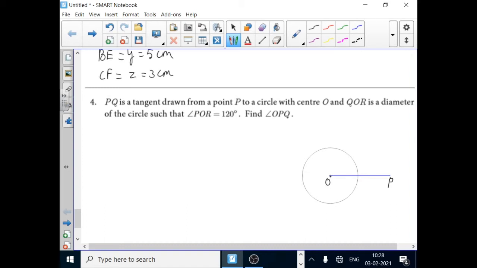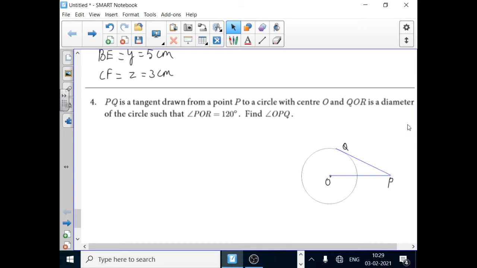OR is a diameter. So PQ is a tangent. Through P I draw one tangent to the circle. So PQ is a tangent to the circle at the point Q. Next they give QOR is a diameter.